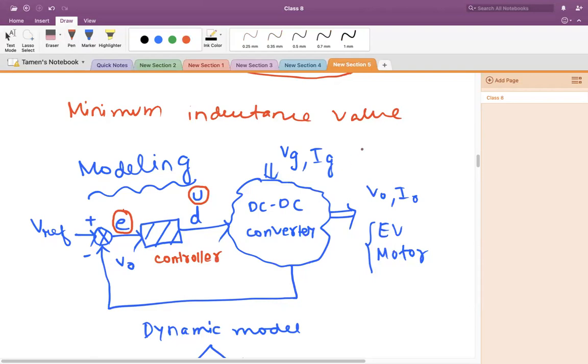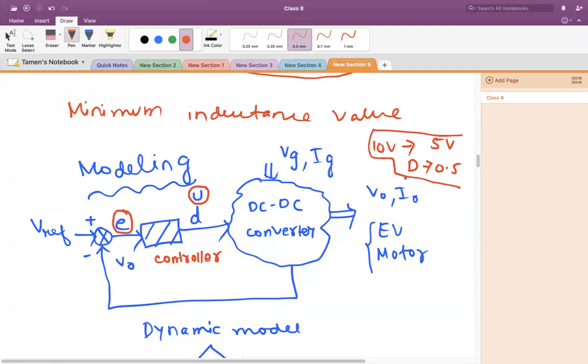Suppose we are giving 10 volt and we want 5 volt. So what will the converter do? The converter will change the duty cycle. Suppose it is a buck converter. For 0.5 duty ratio, we'll get 5 volt from 10 volt.